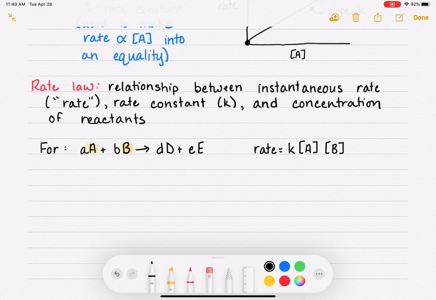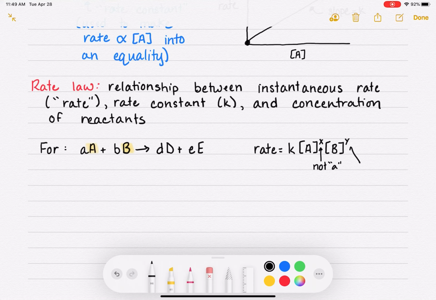And each reactant is raised to some sort of exponent, which I'm going to call x and y. If we had another reactant, we just keep going with those letters. So they're raised to an exponent, x and y, and notice that I'm using a different letter. I'm not using little a.